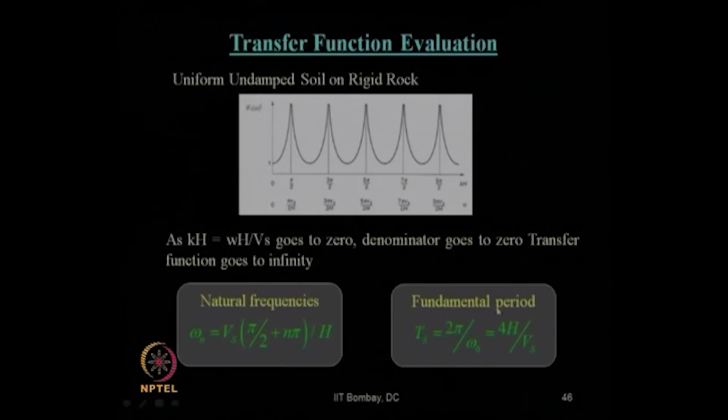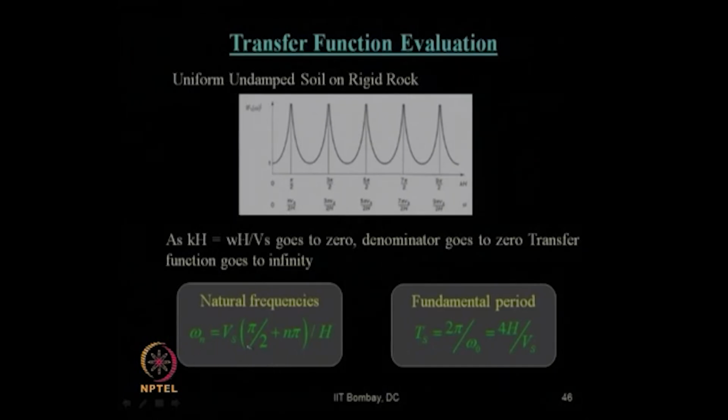So, what can the fundamental period be? The fundamental period is nothing but 2 pi by omega naught. How many natural frequencies do we get in a soil layer through which the ground motion is passing? There will be n numbers of natural frequencies. You remember, the solution gives you n numbers of natural frequencies.